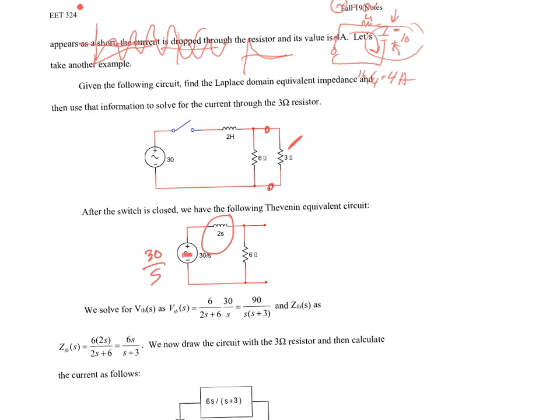So I need to solve for the Thevenin equivalent at those 2 points, and then I can do whatever I want. I solve for the voltage across those 2 points, and then I solve for Z Thevenin, the next step. I'm going to keep everything in the Laplace domain because there's no point in going back into the time domain because it's load dependent, right?